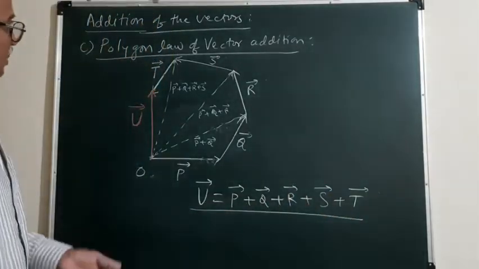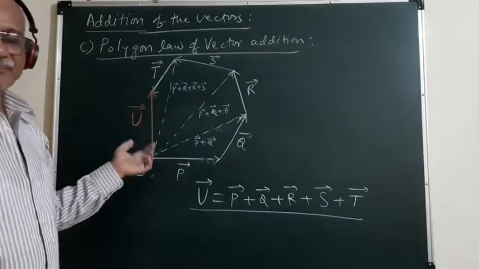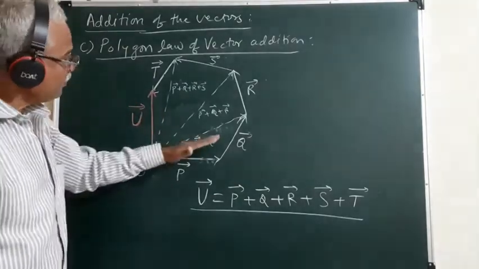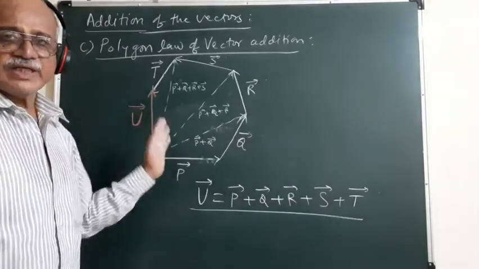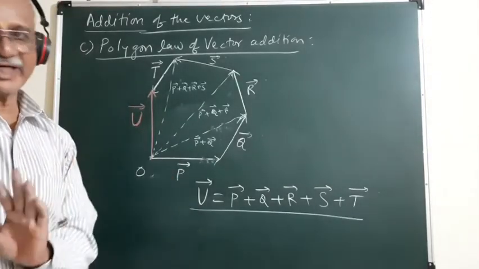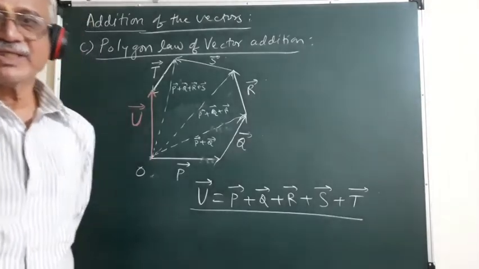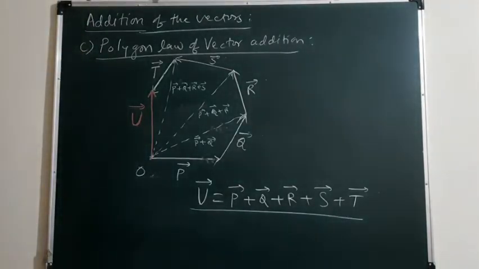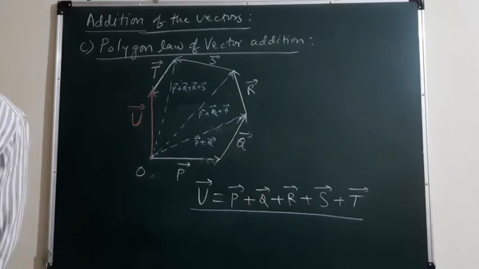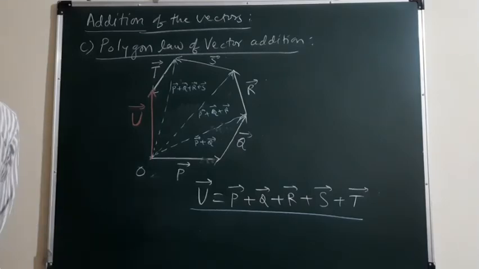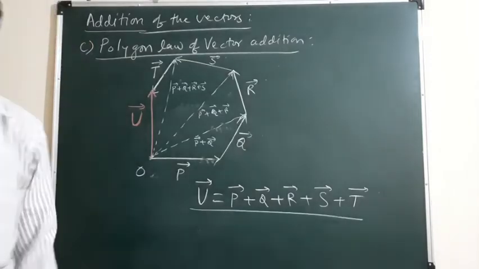So this polygon law of vector addition is nothing but the repeated application of the triangle law of vector addition. So these are the three different methods by which we can perform the addition of vectors. Subtraction of vectors will continue in the next video. Thank you.